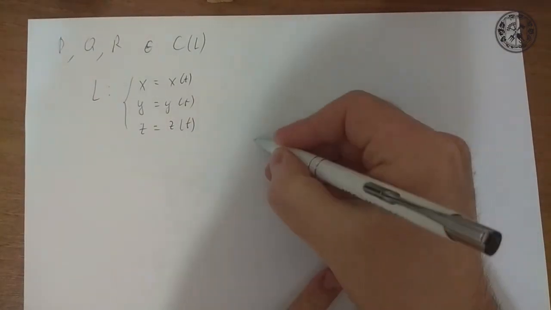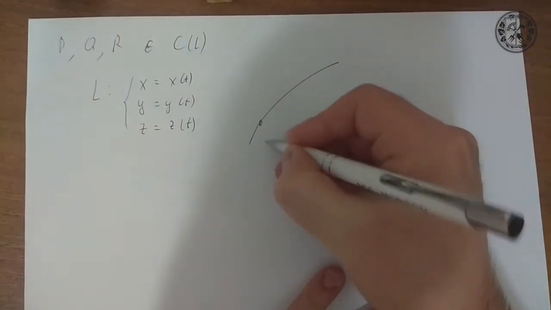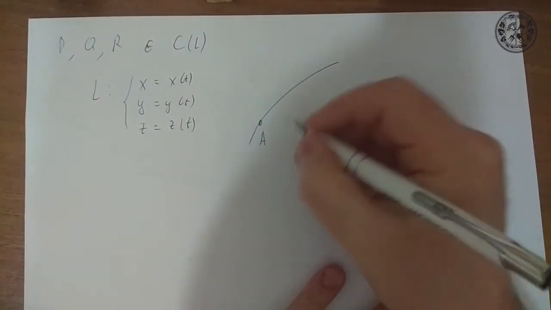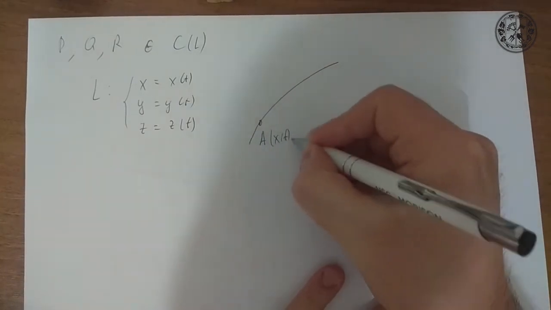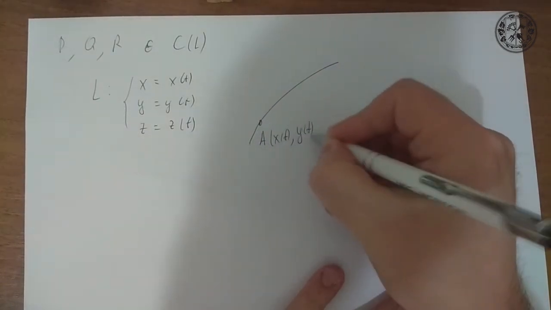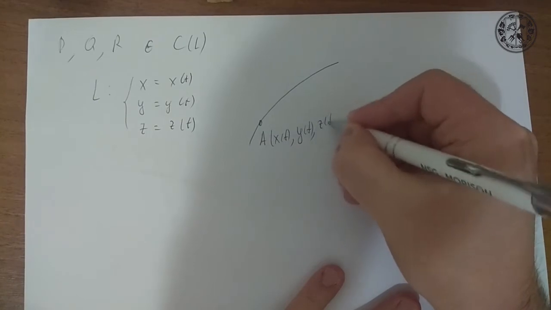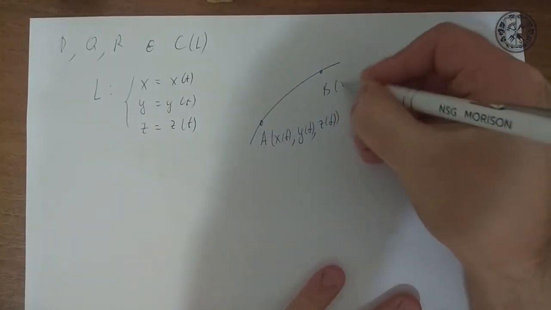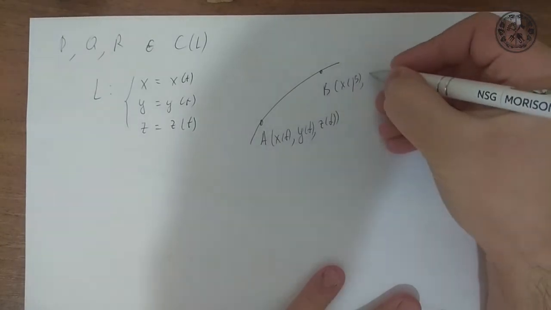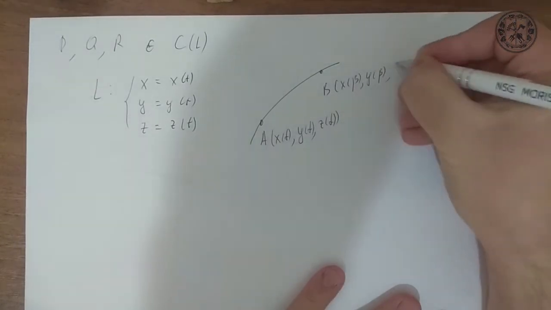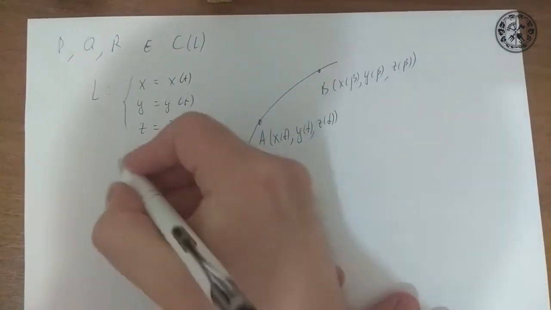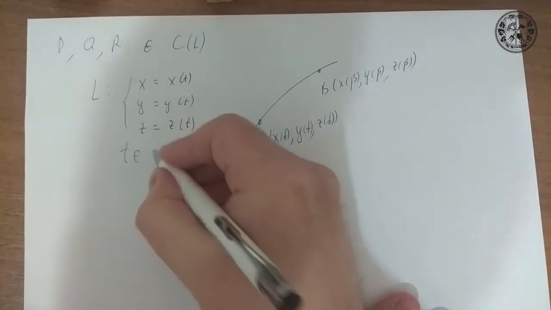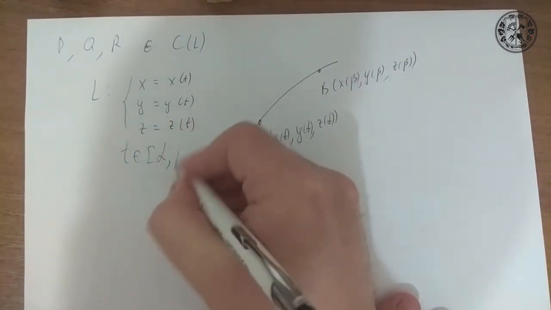So we have to define the starting point A, x of alpha, y of alpha, z of alpha, and the endpoint B, x of beta, y of beta, z of beta, where alpha and beta are the endpoints for t.